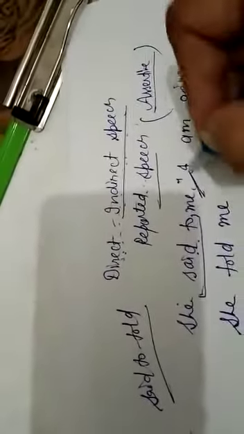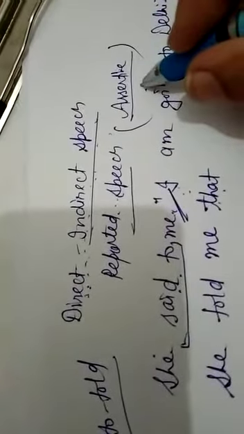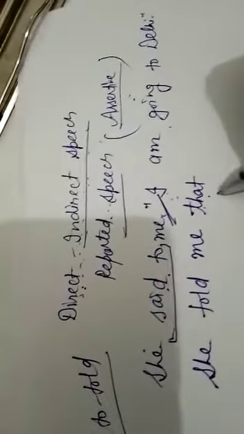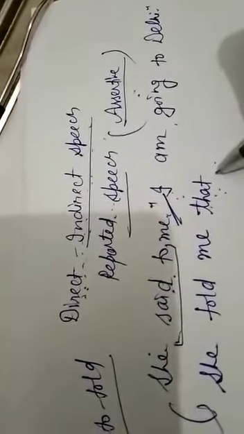Now: she told me. To remove the inverted commas in assertive sentences we use "that" as a connector. To connect the two sentences we need the connector, because we are converting into the indirect way.